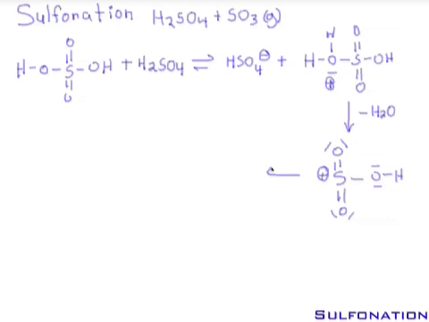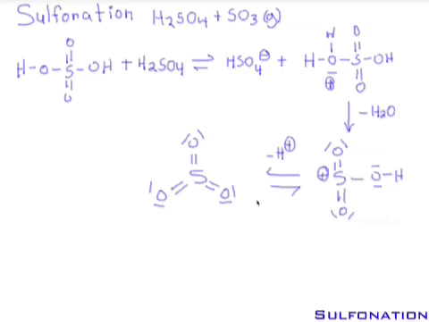This can quickly lose H+. That is, HSO4 minus could come in and grab the H+. If it does, you'll get H2SO4, so minus H+. That just goes on the HSO4 minus, remaking the H2SO4, and you end up with sulfur trioxide, SO3 gas.